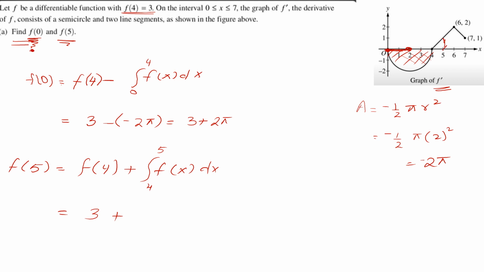From 4 till 5 the figure is a triangle, so the area is half base times height. The base between 4 and 5 is 1 box and the height is 1 box, so the area is half. So 3 plus half gives me 3.5. That's how we figure out the answer.